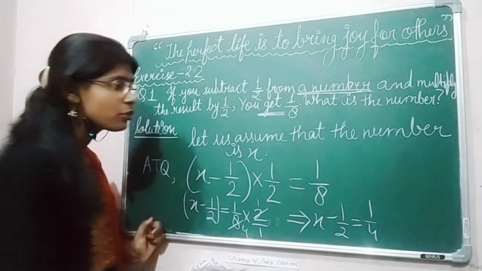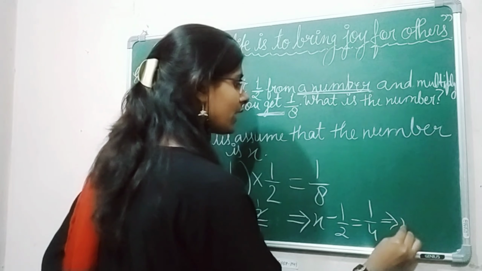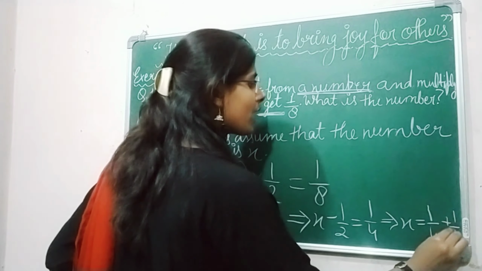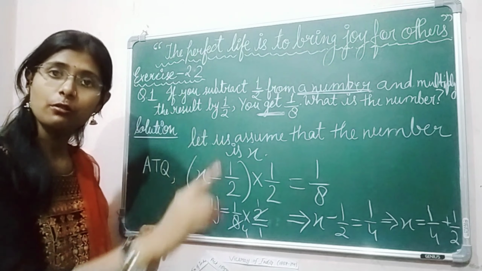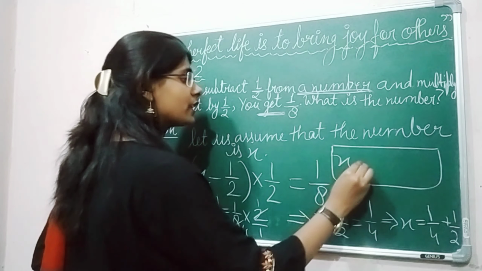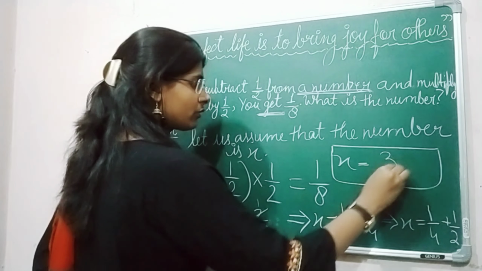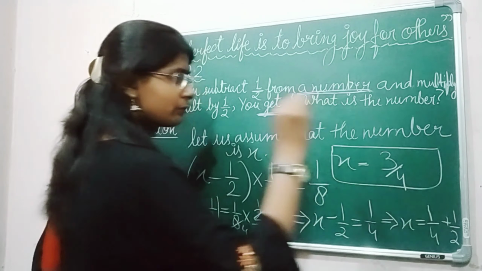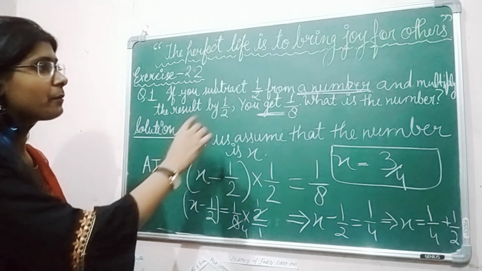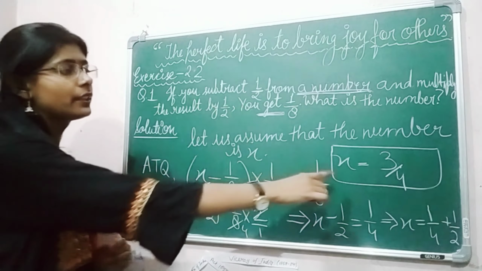And if you solve it further, you will be getting x is equal to 1 by 4 plus 1 by 2. And after taking the LCM of this whole process, the final answer for x would be nothing but 3 by 4. Okay, I hope you understood. So what is the answer? The number would be 3 by 4.